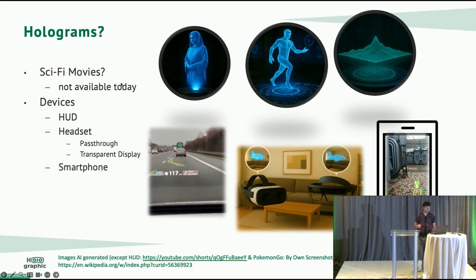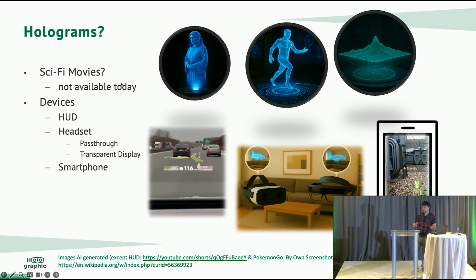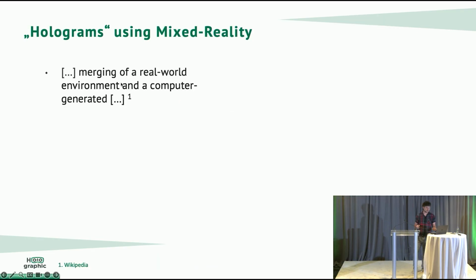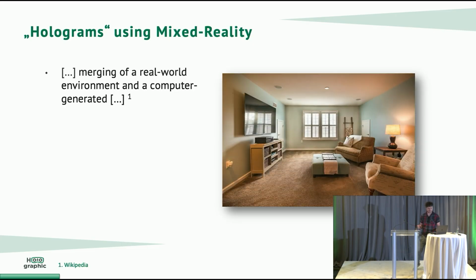Okay, so this we call mixed reality. And again, to explain mixed reality, when you ask Wikipedia, it says merging of a real-world environment and a computer-generated one. Again, what does it mean? I kind of explained it, but to be sure, this is a living room, like everybody could have, look this way or another way.